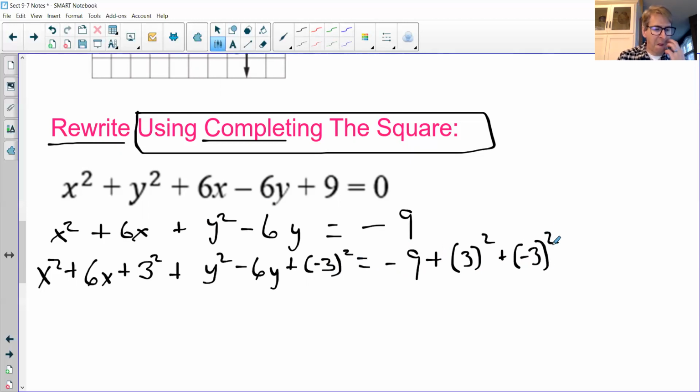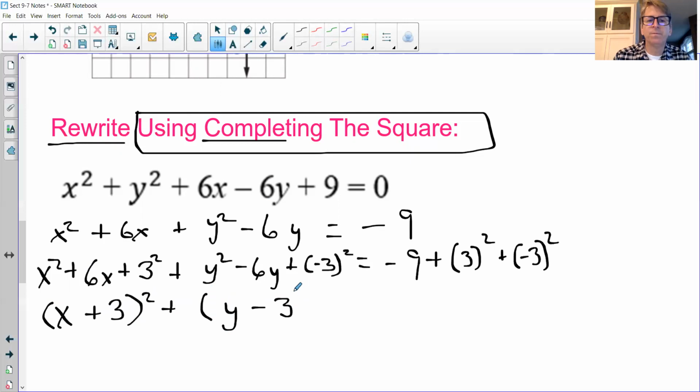Okay? All right, so now we've got a grouping here with x's and a grouping here with y's. By completing the square, this factored form would be x plus 3 squared plus y minus 3 quantity squared.